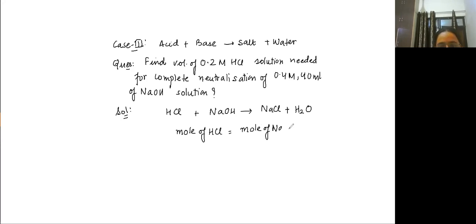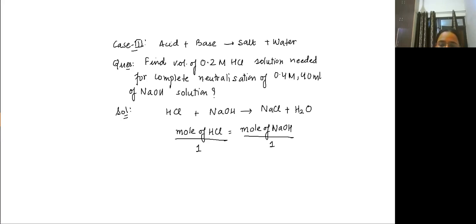Remember, if a balanced reaction is there, how are we writing? Moles of HCl divided by the stoichiometric coefficient, moles of NaOH divided by the stoichiometric coefficient. Can I say moles of HCl will be equal to moles of NaOH? Yes, class.